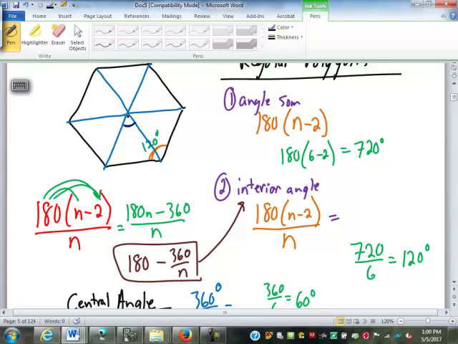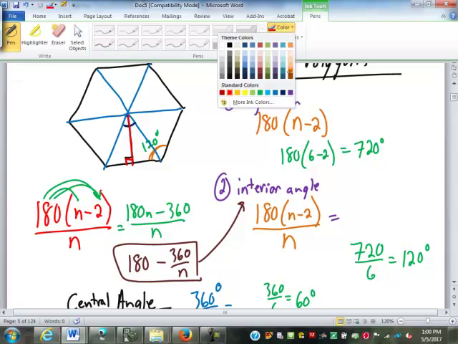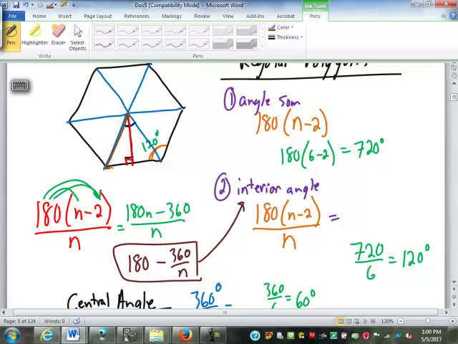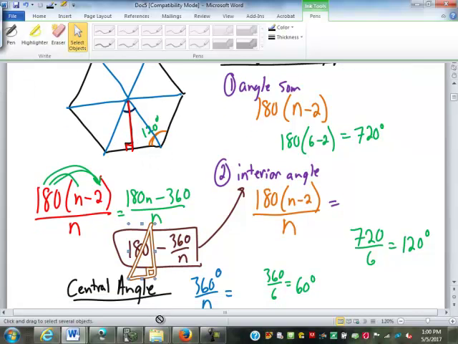If I find that length or that height of that triangle, how do I find the height of that triangle? Well, what I'm going to do is cut the triangle in half so I have a right triangle. So let's pull that down here to look at.